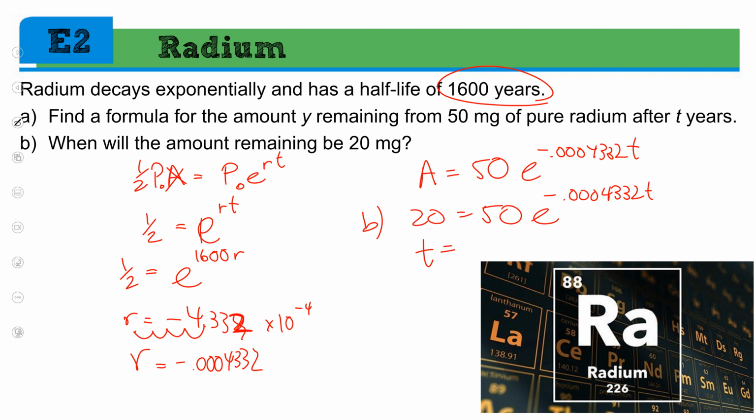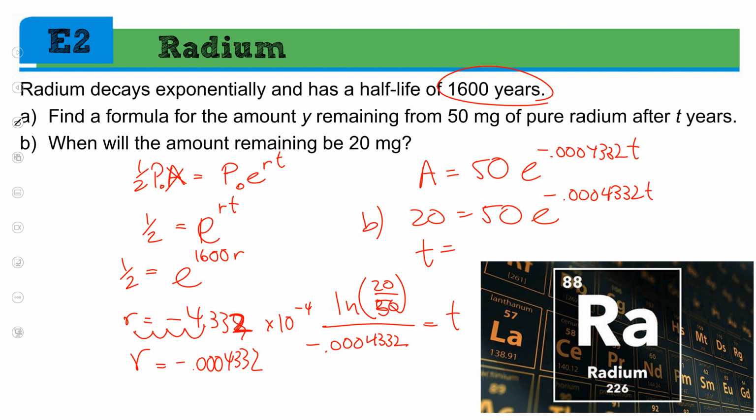In general, you did the natural log of 20 divided by 50, divided by that stored number of 0.00043332. Yeah. Anybody else get 2,114? Oh, no, never mind. Oh, it fixed itself. It's magic.